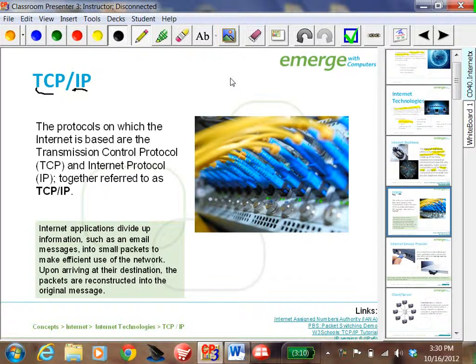So the protocols on which the internet is based are TCP and IP. Internet applications divide up information, such as an email message, into small packets.